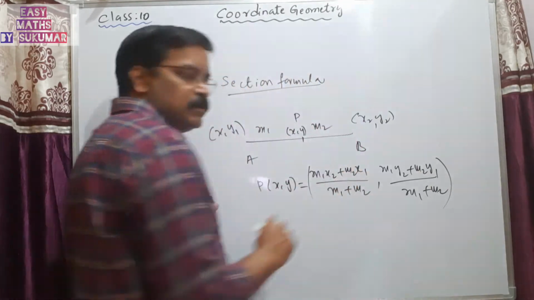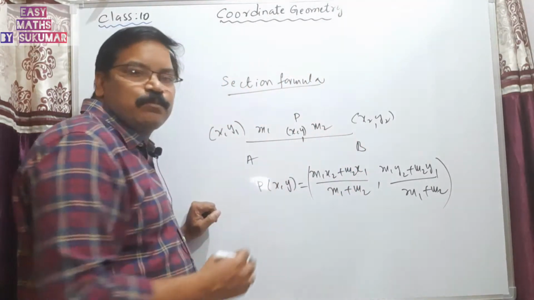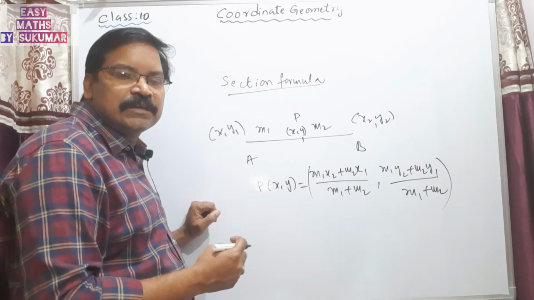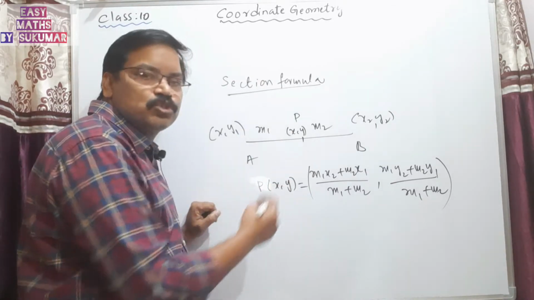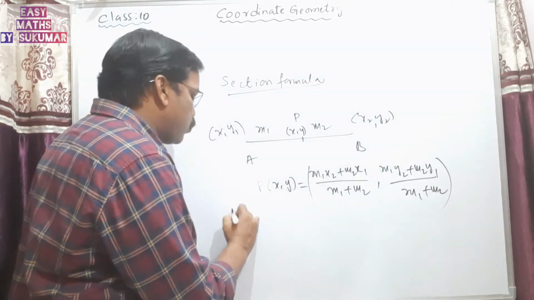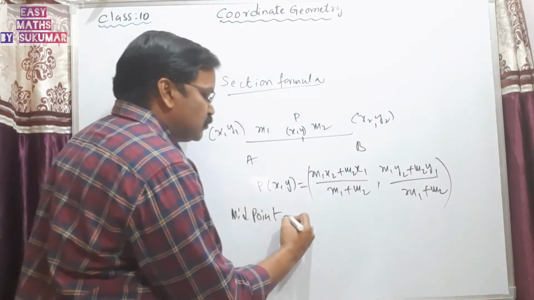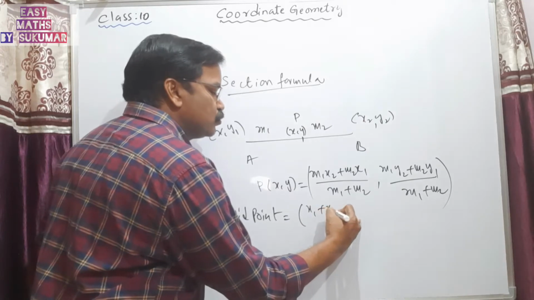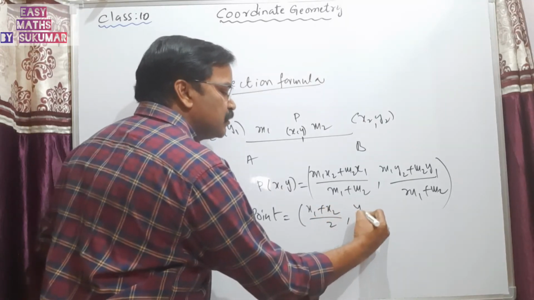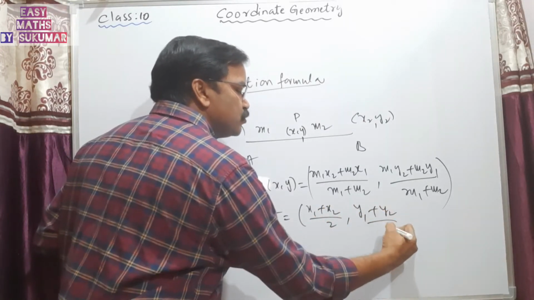Suppose P is the midpoint of the line segment joining A(x1, y1) and B(x2, y2). Then the midpoint is ((x1 plus x2) by 2, (y1 plus y2) by 2).